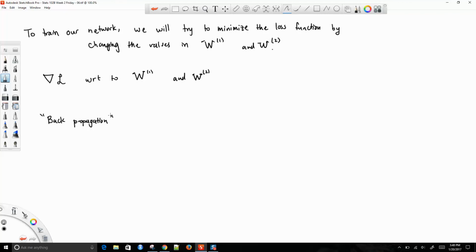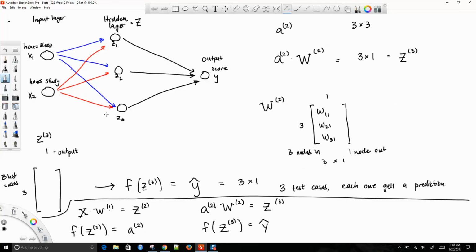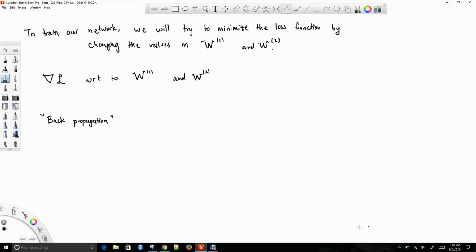If you want to flip back in your notes, all of this going forward was known as forward propagation. Back propagation, people say, is the most complex aspect of training a neural network, and they're probably right, but the idea behind it is not too crazy complicated.